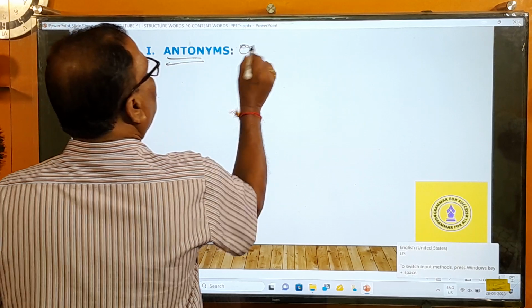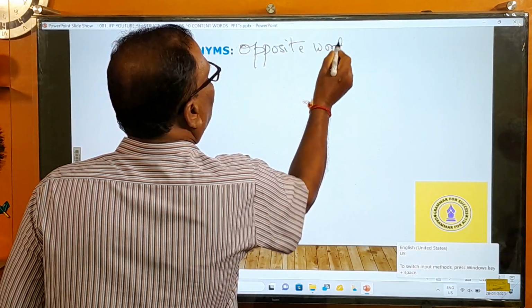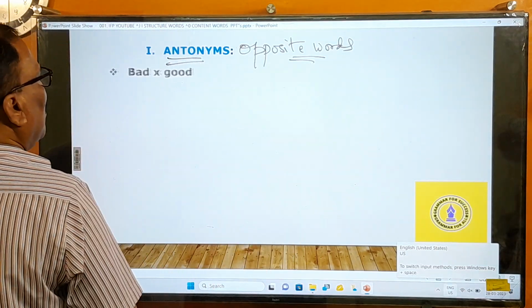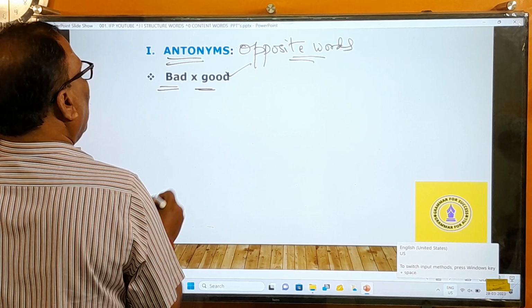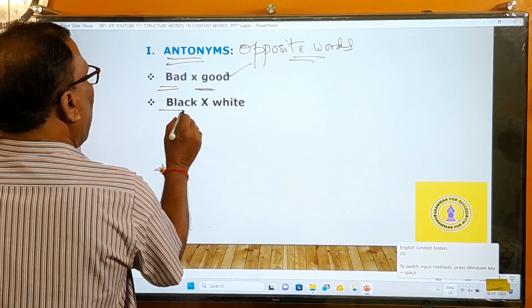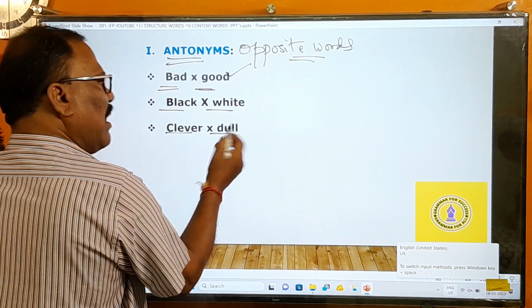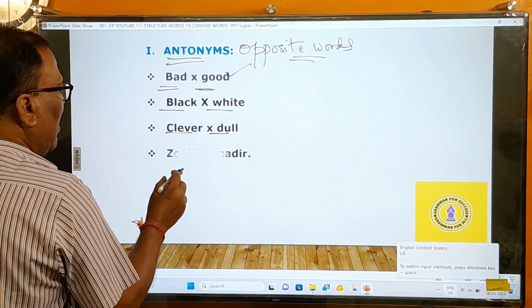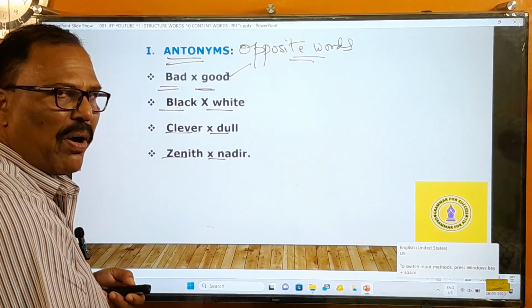Antonyms means, briefly speaking, opposite words. Very simple, opposite words. For example, bad. What is the opposite of bad? Good. Then black, white, opposite. And clever, dull. Then zenith, that means highest point, and nadir means lowest point.